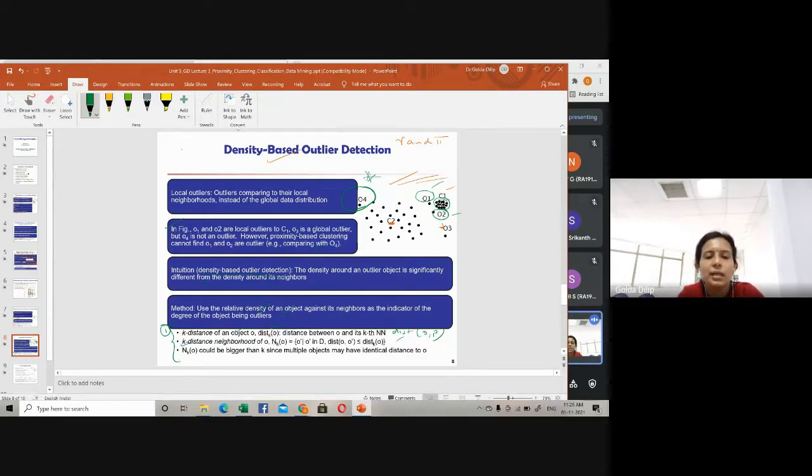Then N_k(O) could be bigger than k, since multiple objects may have identical distance to the object. These are the three properties mentioned.